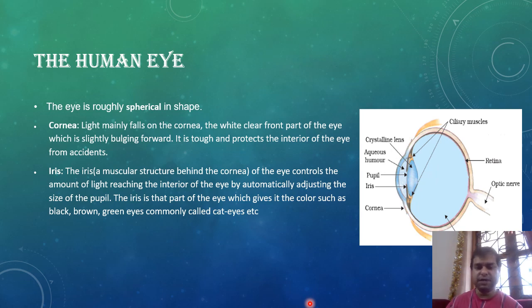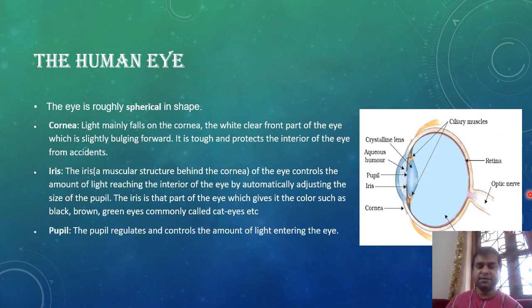We'll come to the pupil next, which allows the light to enter further. Now the iris is the part which gives the eye its color, such as black, brown, green eyes, which we commonly call cat eyes. So what we see as black or brown, that is the iris.